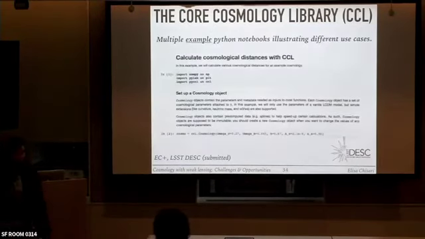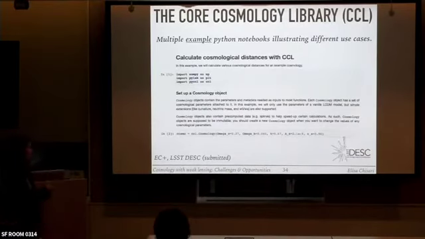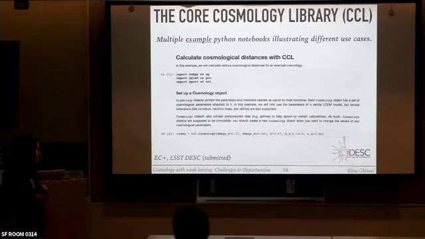There are multiple examples of how to use the library, both in C and in Python. Here you have a copy-paste of one of them, where we're calculating distances with CCL. We're importing it here, specifying some cosmology, and then calculating the distances. There are many other examples, including a course MCMC notebook, so you could even try it out for that.